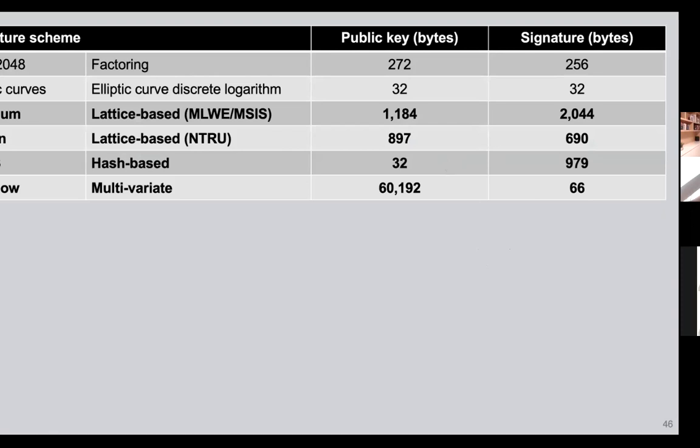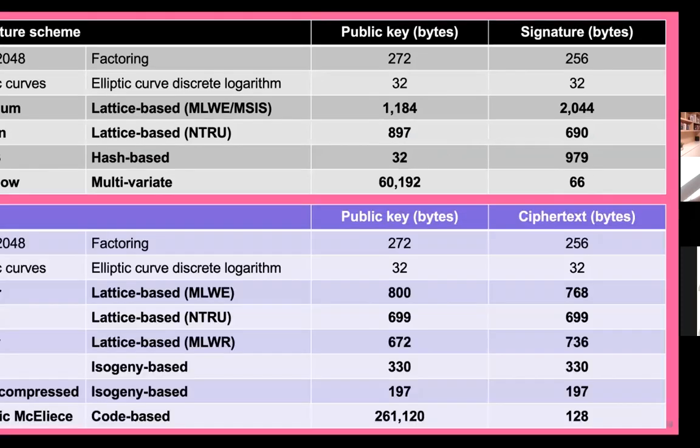If we plop in our post-quantum key encapsulation mechanisms, we can see some desirable characteristics compared to the signature schemes. So if we compare, say, the module LWE Kyber KEM compared to the Dilithium signature scheme, we can see that Kyber is smaller, both in terms of public key and ciphertext, compared to Dilithium's public key and signature.